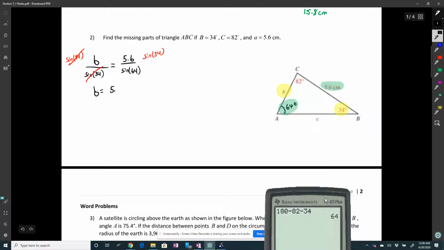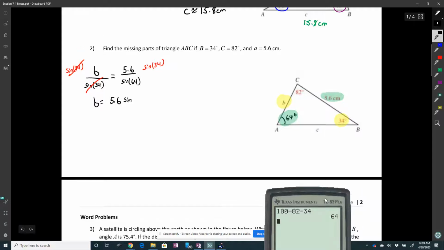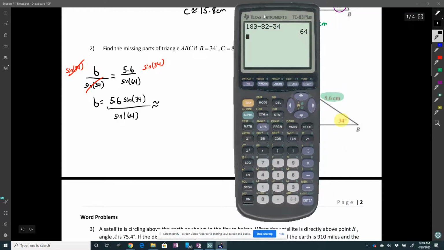So I have B equals 5.6 sine of 34 over sine of 64. And we can type it in and get our answer. Since they give me one decimal place, I'm going to use one decimal place.